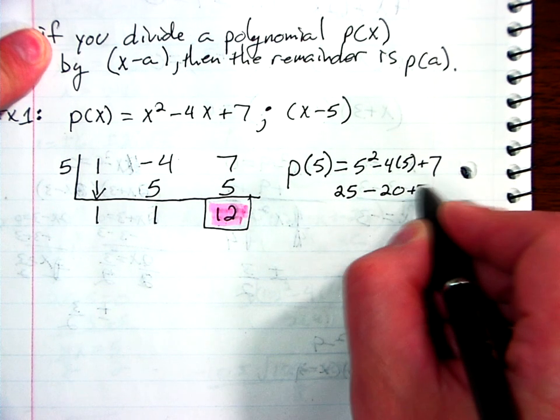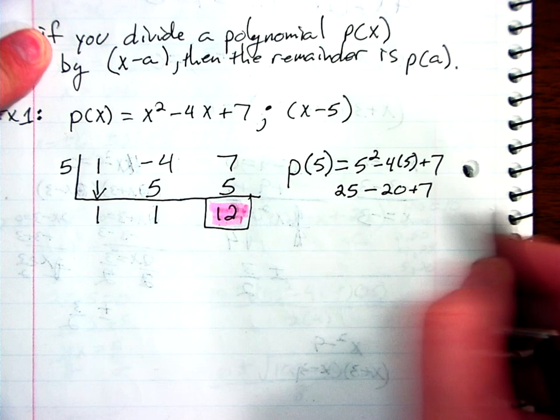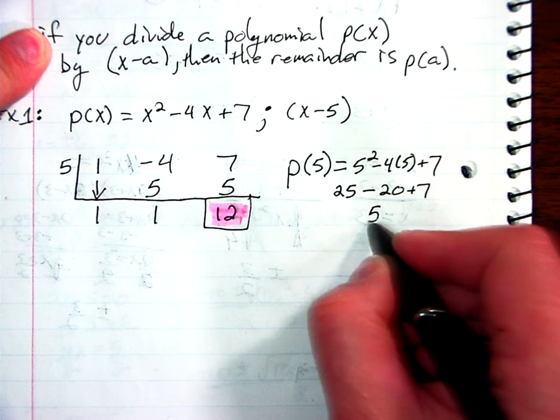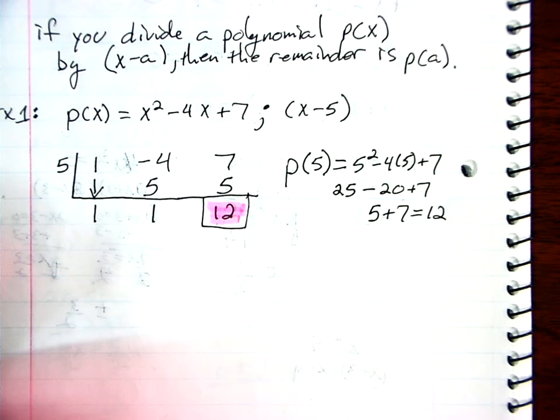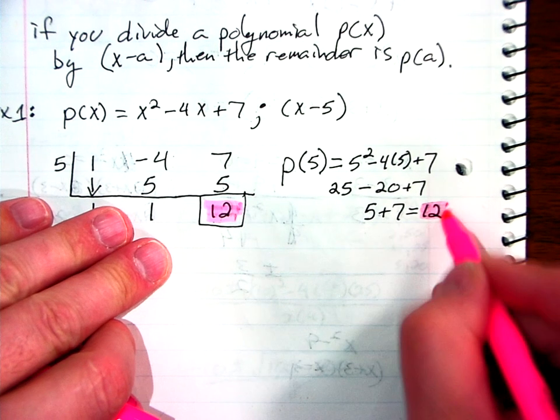Bring down the plus 7. 25 minus 20 plus 7. And what do you notice about the highlighted numbers? They're exactly the same.